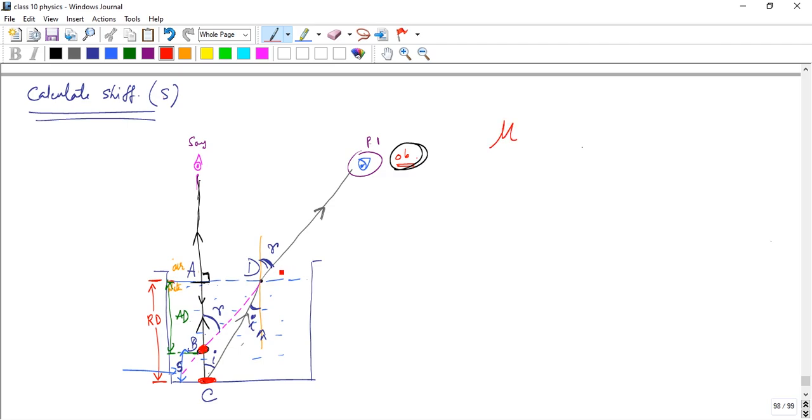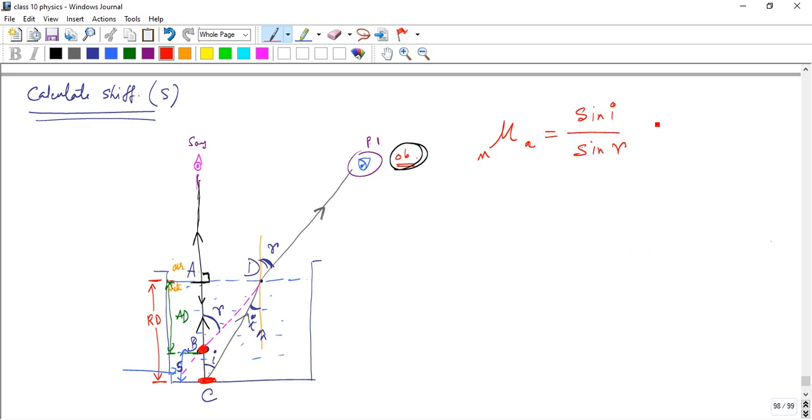Light travels from any medium, water medium to air, M to A, mu that is equal to sine I by sine R, that is Snell's law.